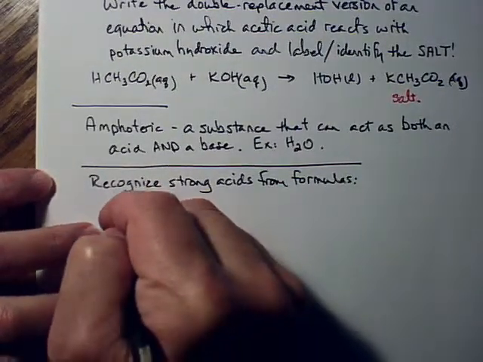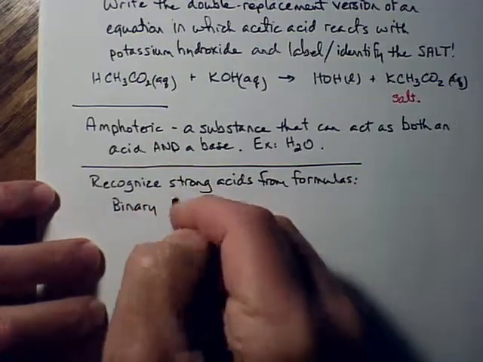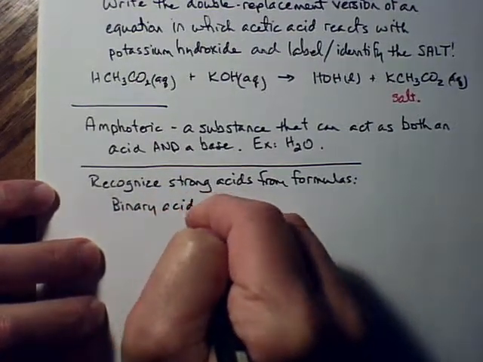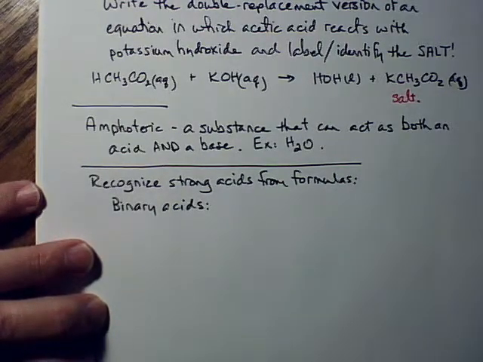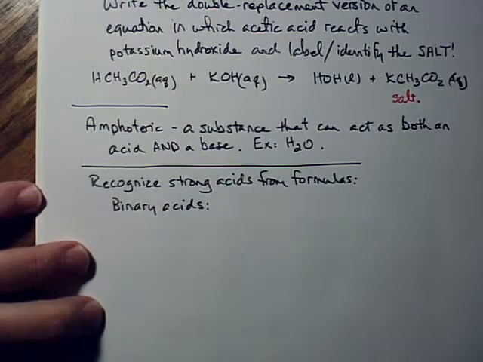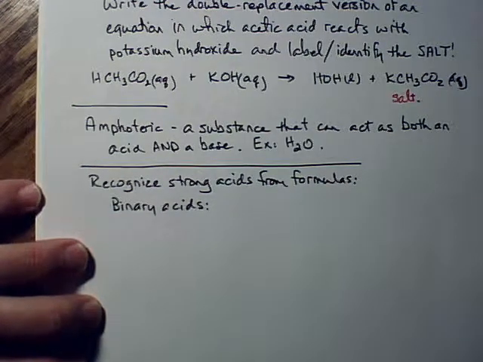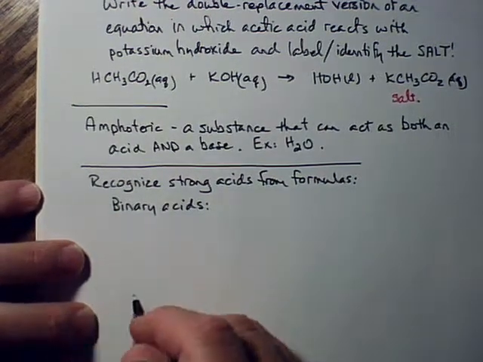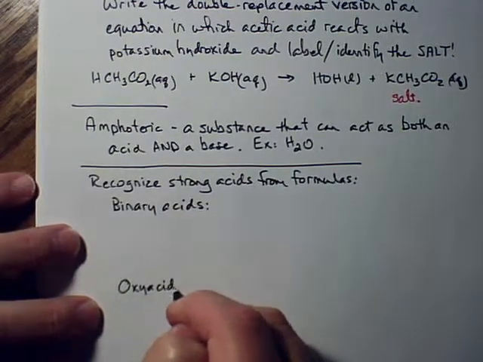So the first classification is binary. And I hope everybody remembers what binary means. What's a binary compound? Two what? Two different elements. Not two atoms, two elements. So you've got the binary acid classification, then we have the oxyacid classification.